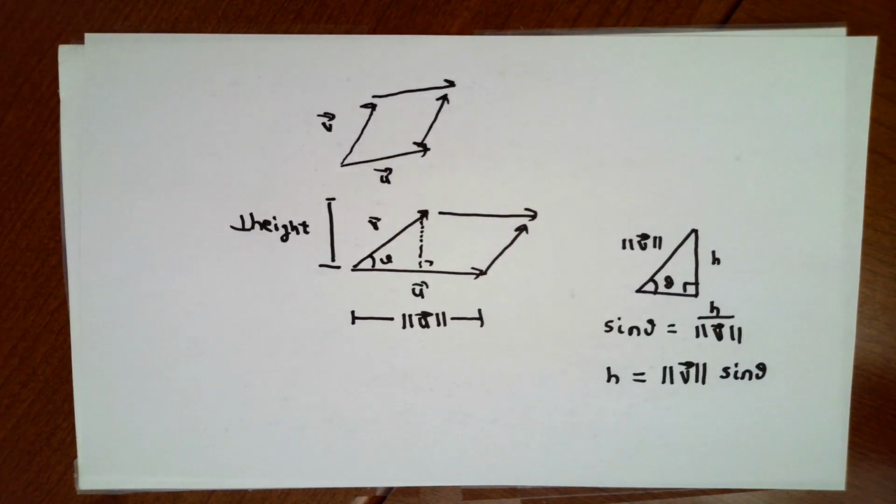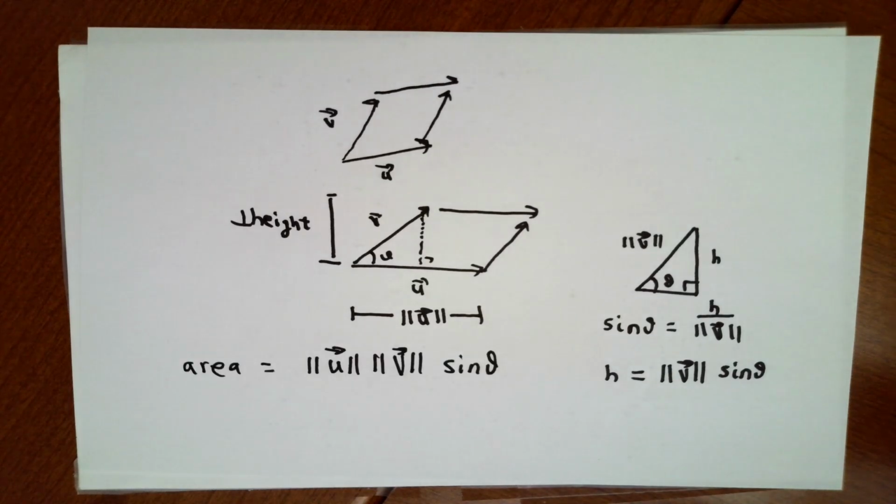Writing down the formula for sine of theta, which is opposite over hypotenuse, rearrange it a little bit, and you find out that the perpendicular height is actually the length of vector v times sine theta.